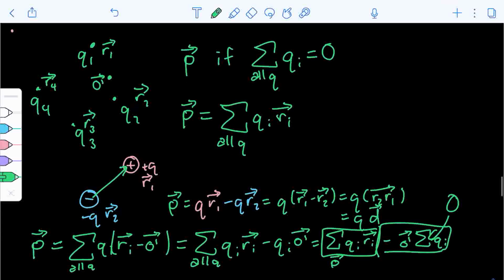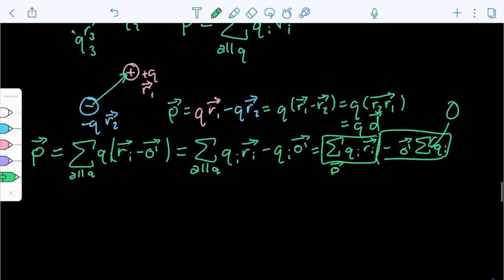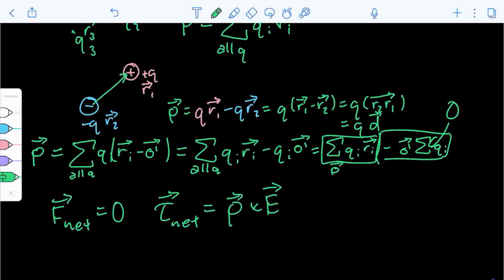Okay, so that's cool, but why is this useful? Well, it turns out that the same two equations from before, F net equals 0 and torque net equals P cross E, both of these are still true when it comes to this new generalized electric dipole moment, as long as the external field is constant.